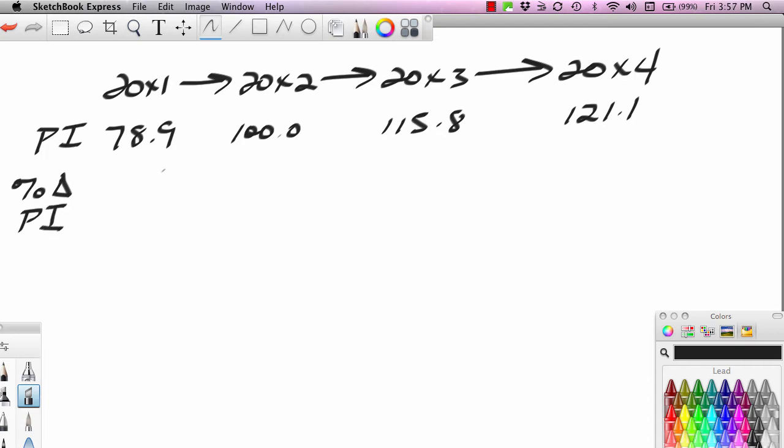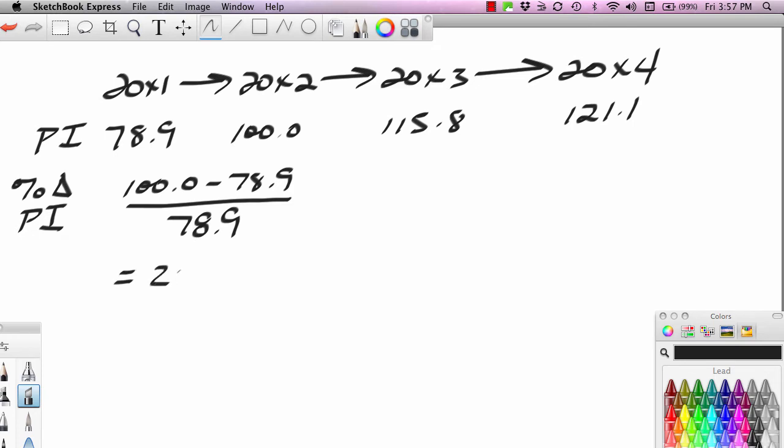So the percentage change is the change, 100.0 minus 78.9, divided by, be careful, 78.9. So you take the change in the index divided by where you started. And that number, I just happen to have that, equals 26.7%.